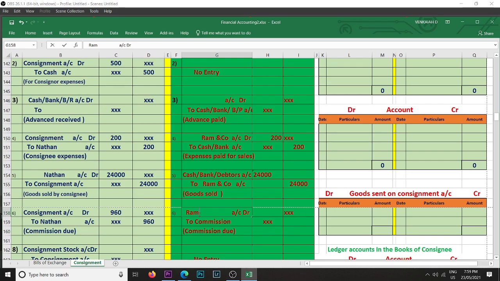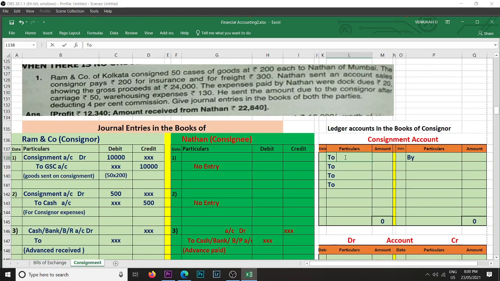Now we prepare ledger accounts in the books of the consignor. We will go through the journal entries in the books of the consignor only, and three accounts. Consignment account debit to goods sent on consignment account, amount is 10,000.